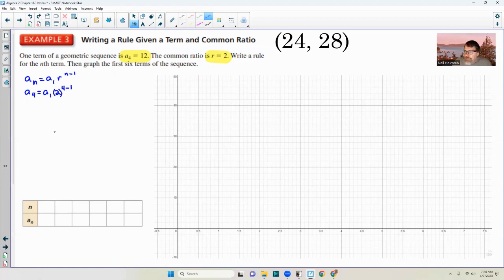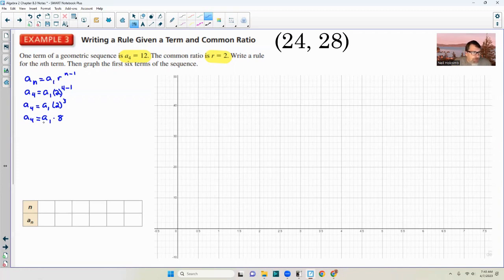Okay, so there it is. And then I simplify. So a sub 4 equals a sub 1 times 2 to the 4 minus 1, which is 3. A sub 4 equals a sub 1 times 8.